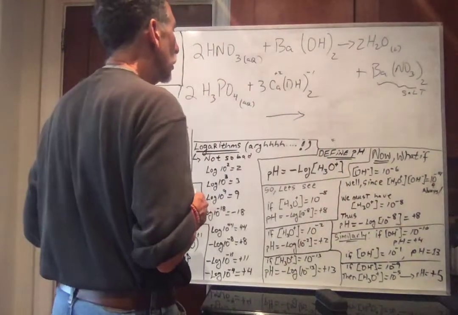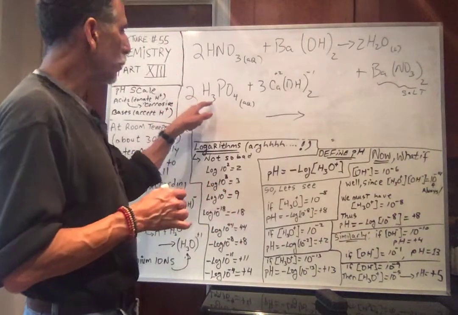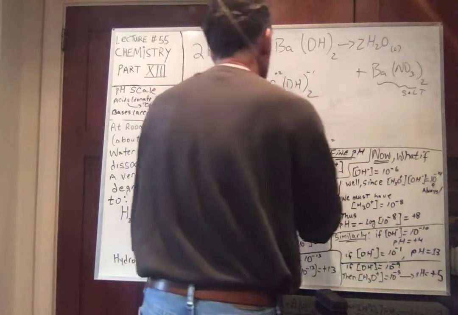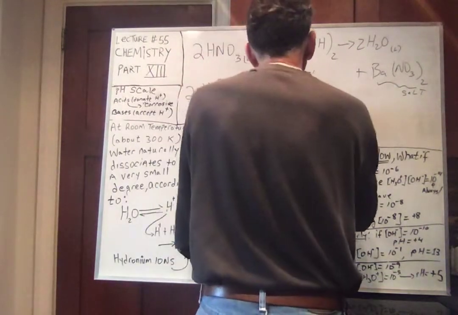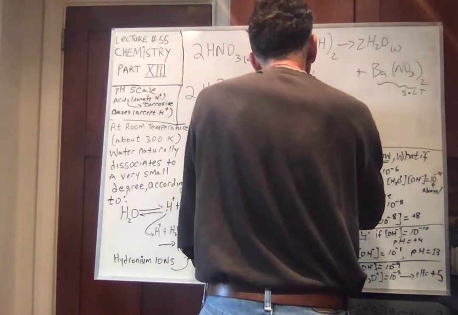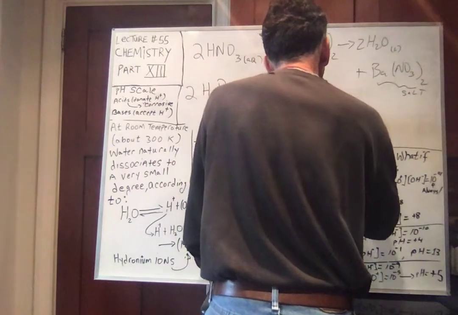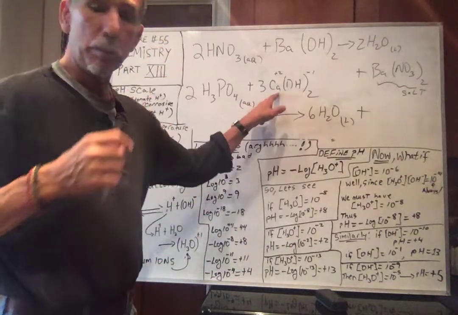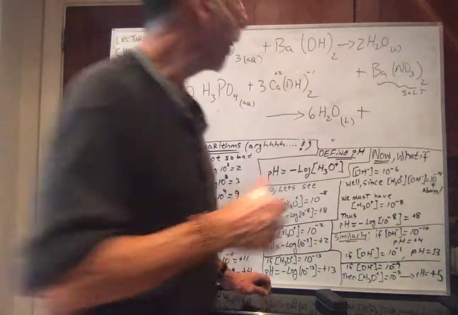Look, we have 2 times 3 is 6 hydrogens, and 3 times 2 is 6 hydrogens. So we need 12 hydrogens in water, so it's going to be 6H2O, that's liquid. Plus, can you see what we're going to have? Calcium phosphate. Is that right?